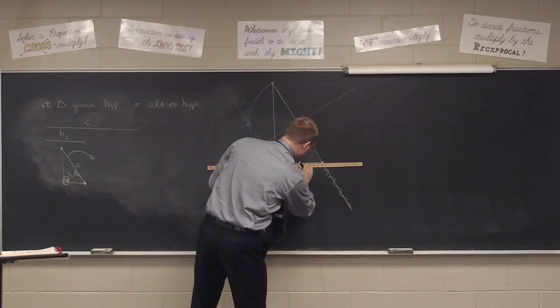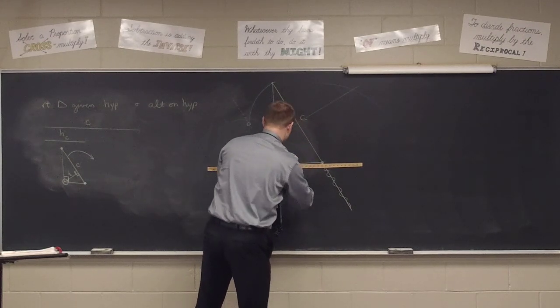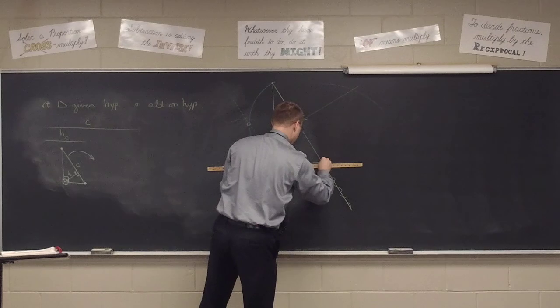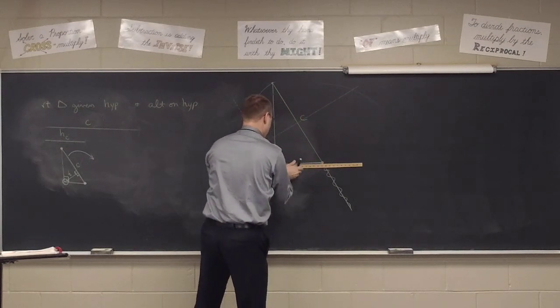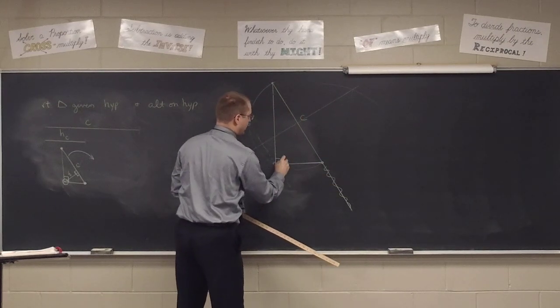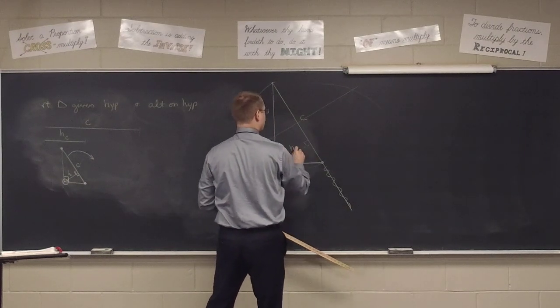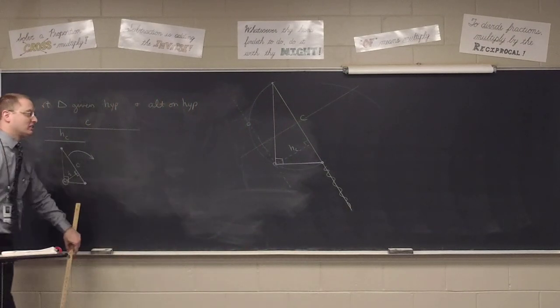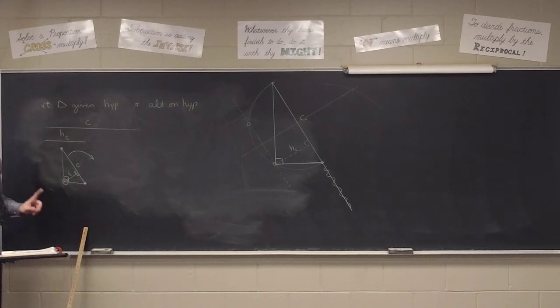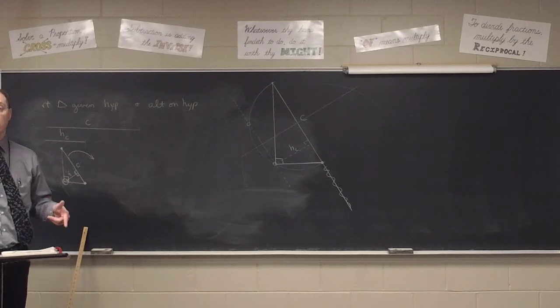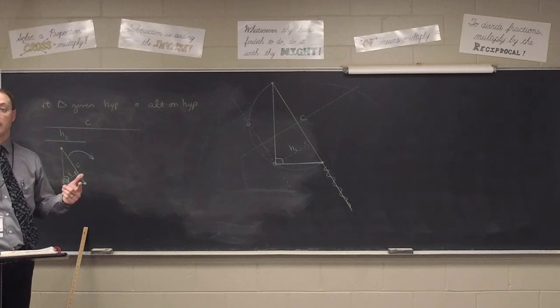Get that a little bit more precise. It's a little bit off here. And here we've got a perfect right angle, and if you were to actually draw this altitude, it would be exactly the right size.